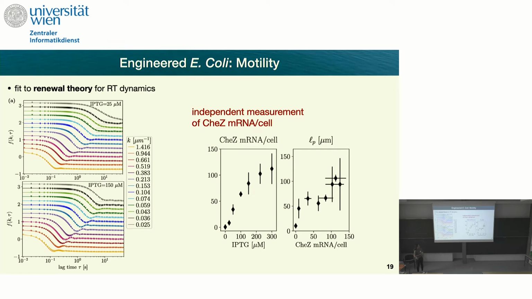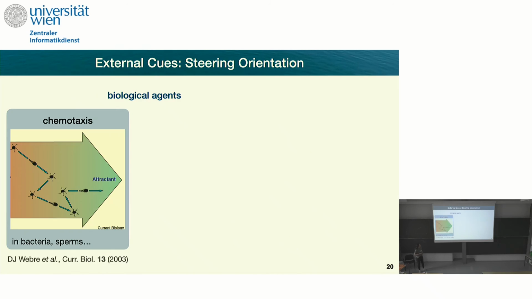And so now a natural question that comes up perhaps next is how can we understand the behavior of bacteria when they are in external fields? What we were interested in was looking at how cells behave when they move, for example, in a chemical gradient.